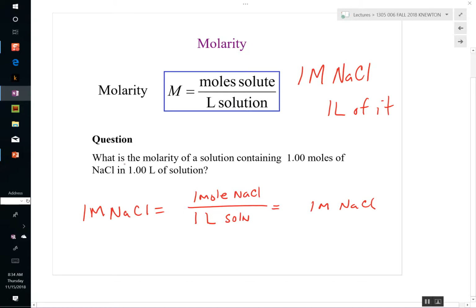So what is the molarity of a solution containing 1 mole of sodium chloride in 1 liter of solution? What I'm doing is taking what I'm given and plugging it into this equation. Molarity, moles per liter.